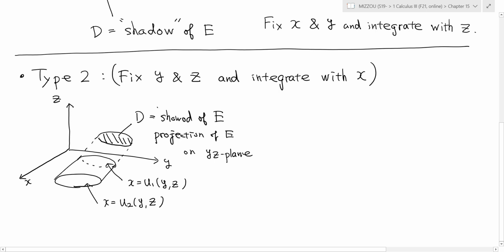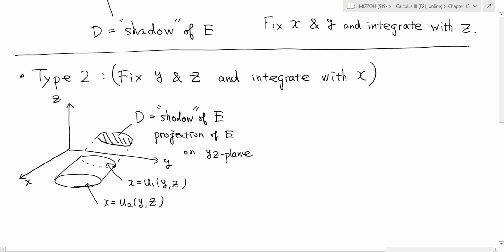Essentially, what this means is shadow. Shadow is not really a mathematical terminology; this is just my terminology. But anyhow, D is just the shadow you get by lighting up this solid from this direction.